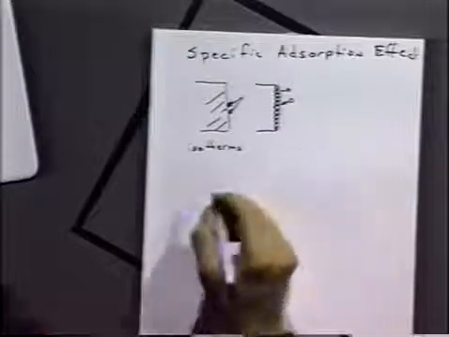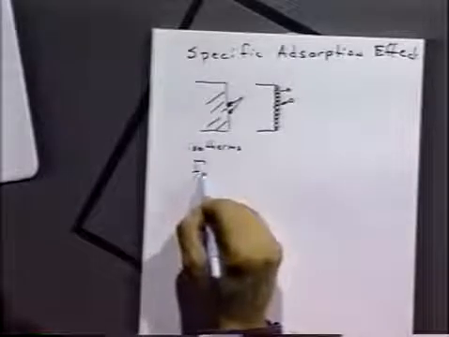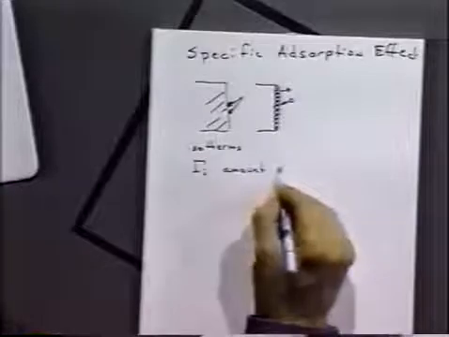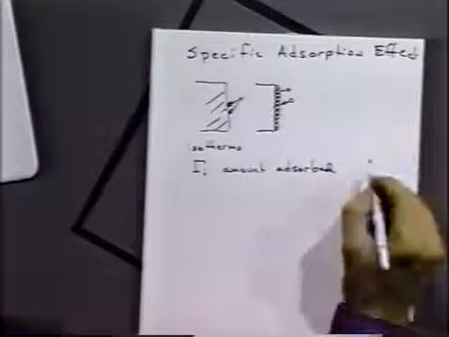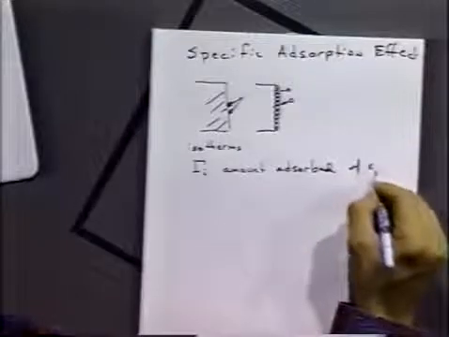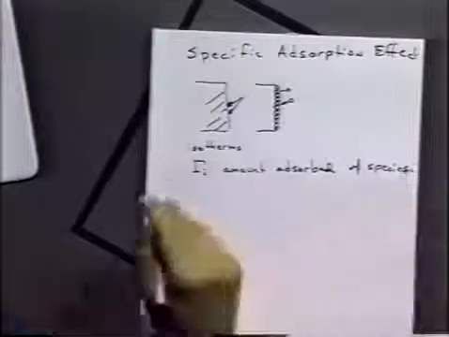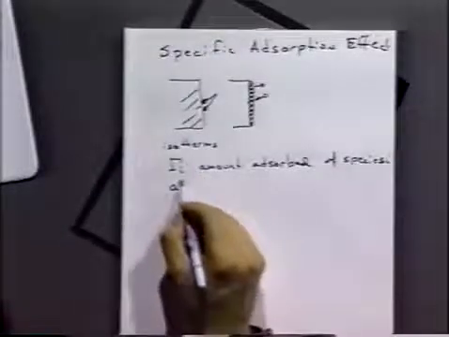So what we want to do is find out the relationship between the amount adsorbed on the surface of species I and the activity of that species in solution.